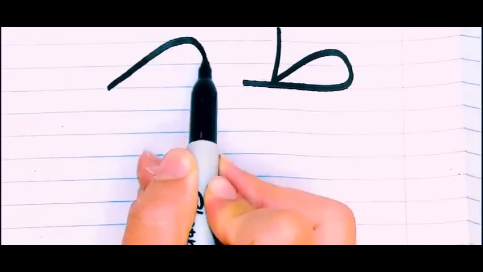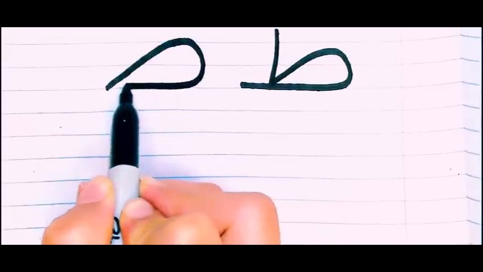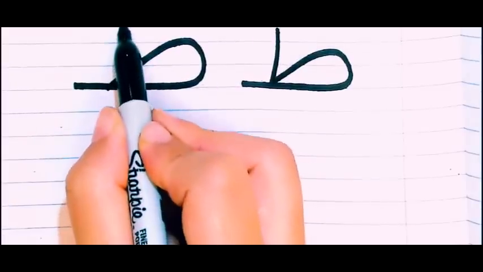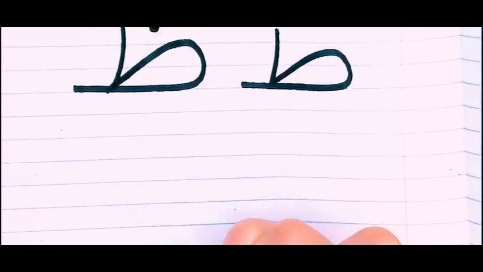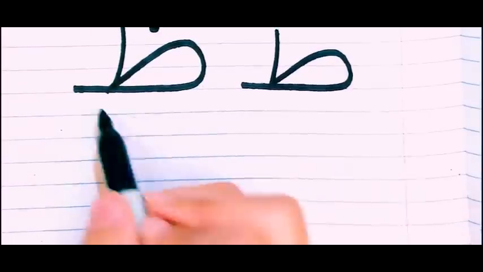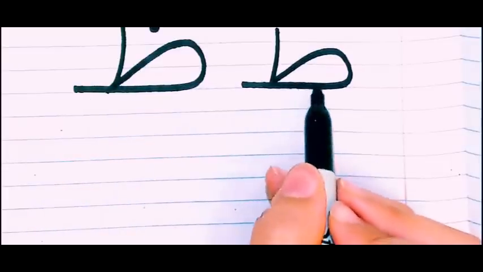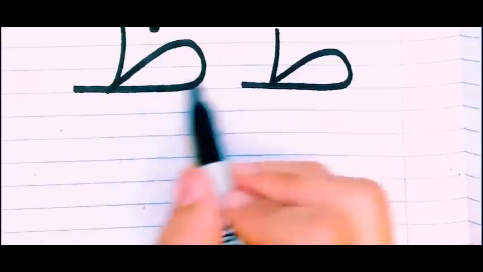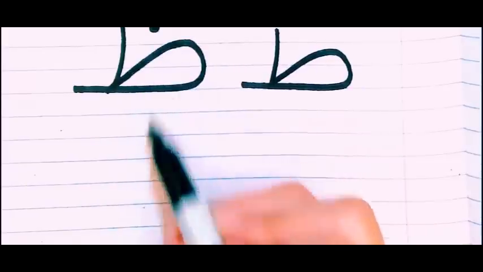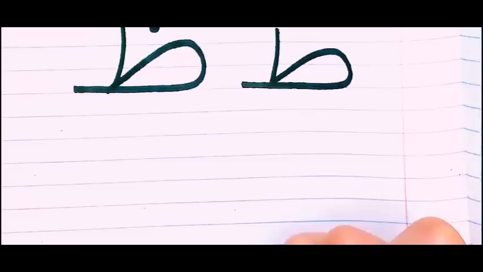Start tilted, I go down, curve it, and then put the stick, and this one is dha. So ta and dha. They're the same size, the same shape, except one has the dot and one does not.